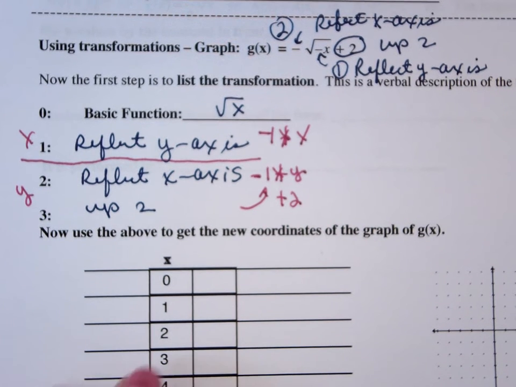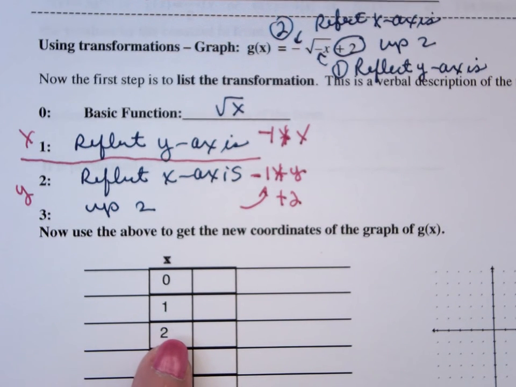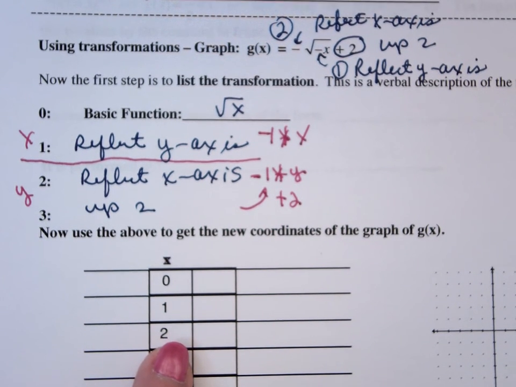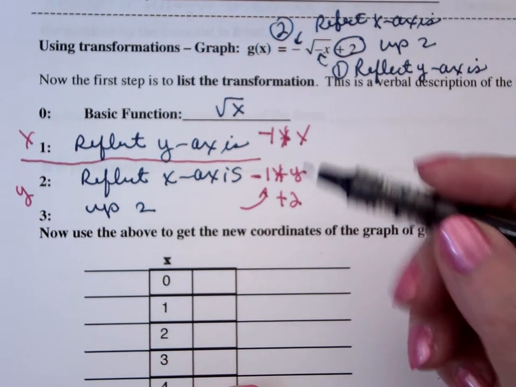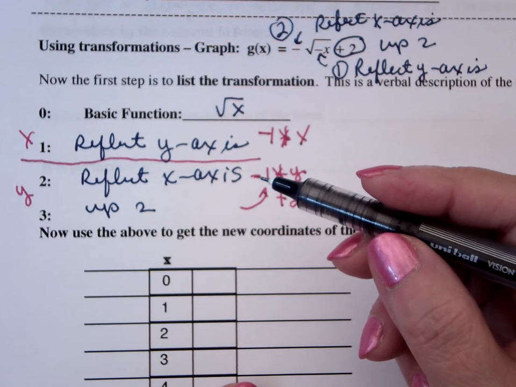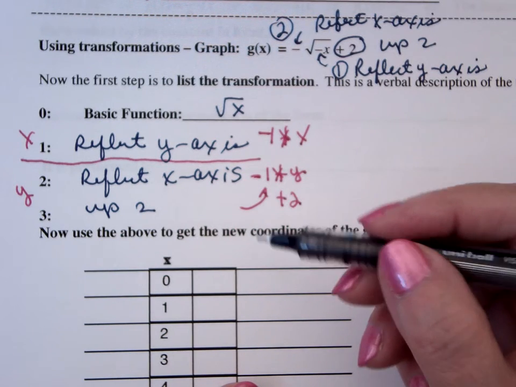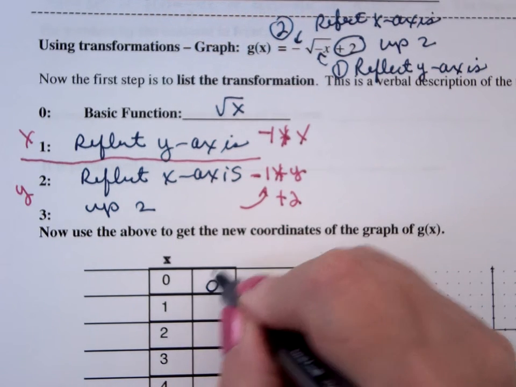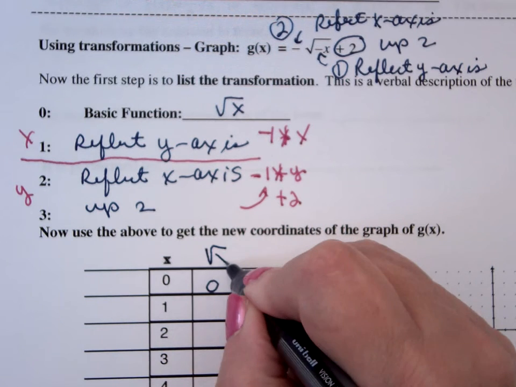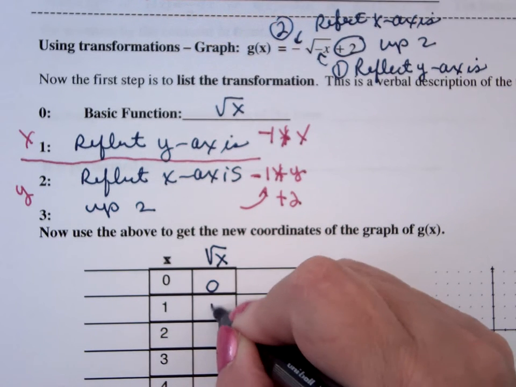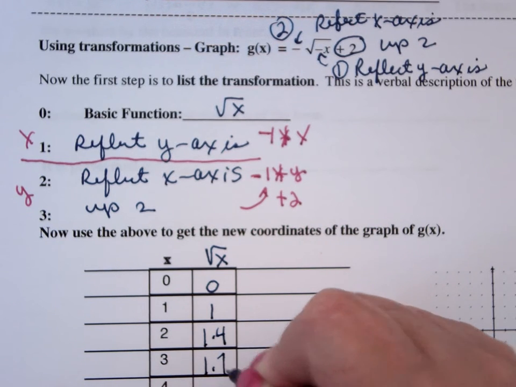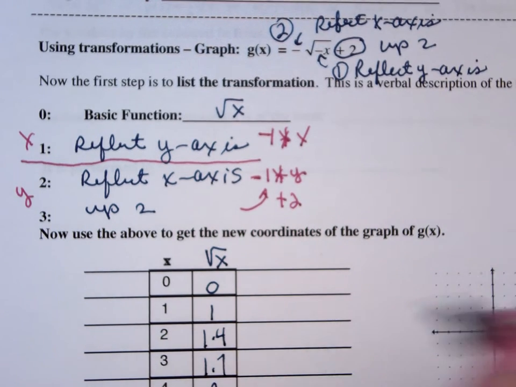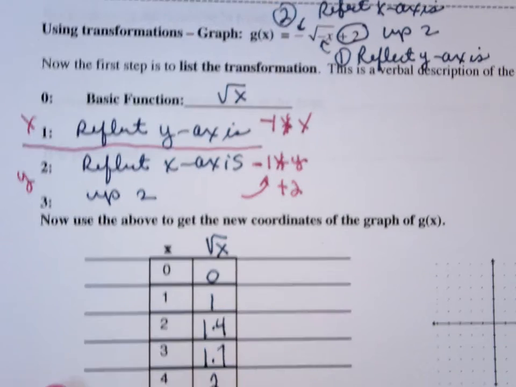So the first thing I'm going to need: the domain is 0 to 4, because remember, you can't take the square root of a negative number, so the domain for the square root starts at 0. So 0, 0; this is x, square root of x. 1, 1; 2, 1.4; 3, 1.7; and 4 is 2. Do enough of those, you remember that.